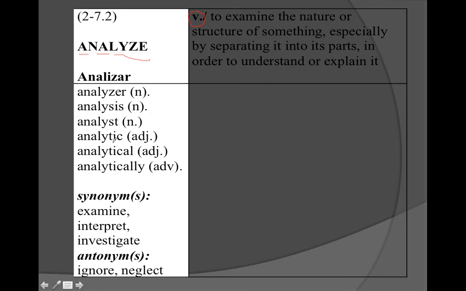Once more, analytic, analytical. This is when you're describing the person. Adjectives describe the noun, remember that. Adverbs describe the verb, or other adverbs: analytically. It's an adverb. And see how it ends in ly? That's a clue that lets you know that it's an adverb.